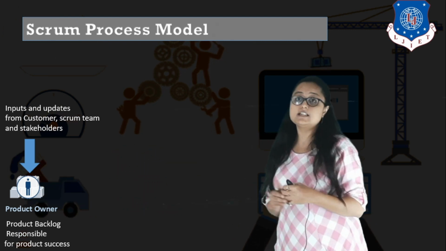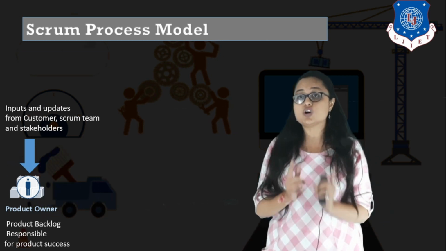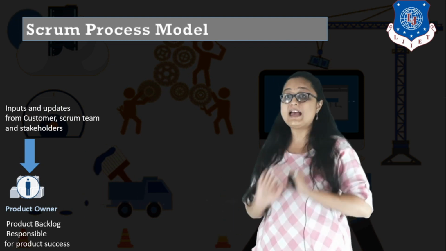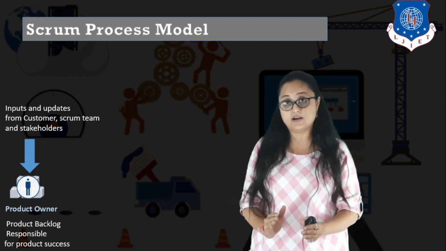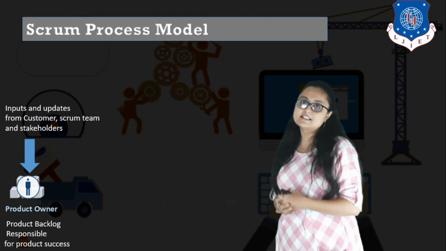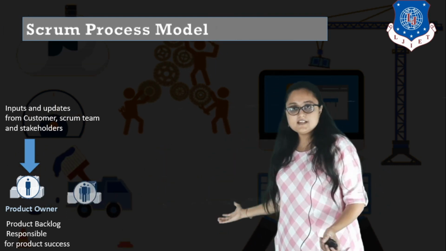So the product owner is responsible for accommodating all the requirement changes as well as new requirements in the product backlog, as well as prioritizing those changes. Why? Because we want the product to be successful. So he is the product owner.